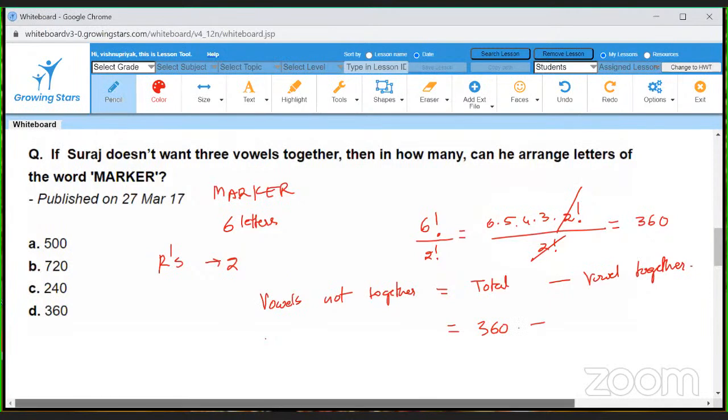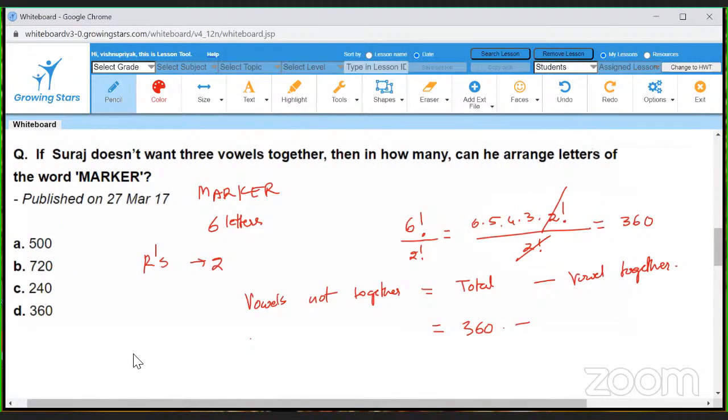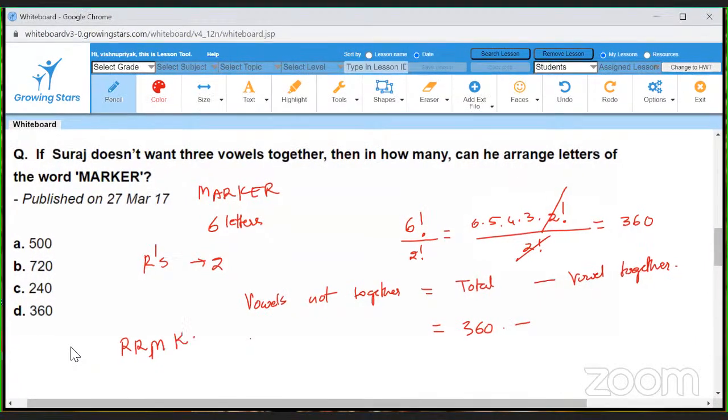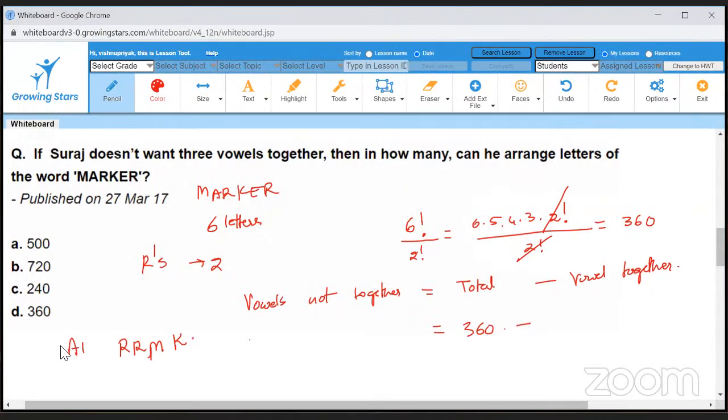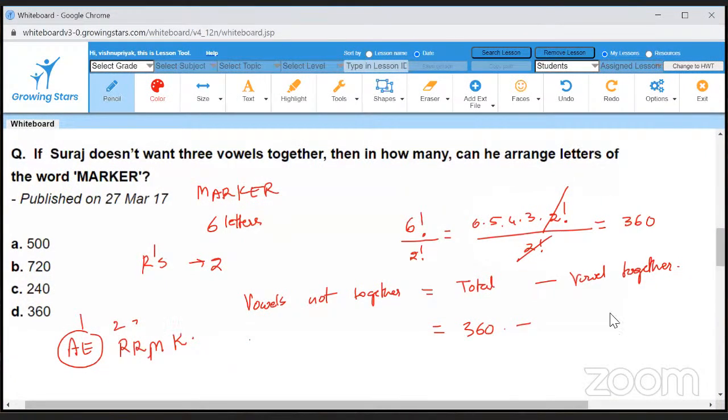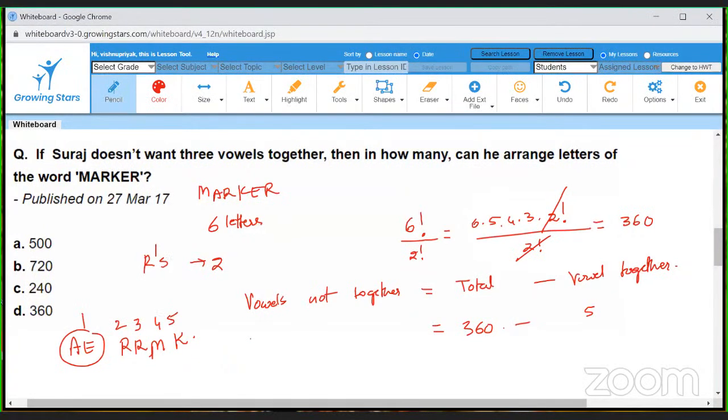Vowels together means how many ways? R and R, there are 2 letters of course. And then we have M, then we have K. The vowels are A and E, which are to be together. So in how many ways can you arrange these vowels together? So total, how many letters we have? This is treated as 1, 2, 3, 4, 5.